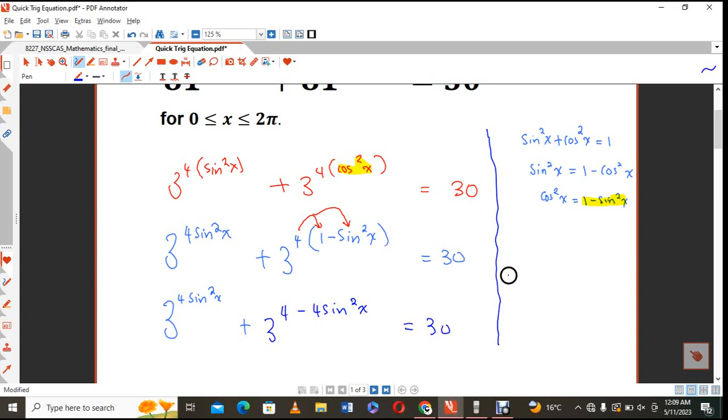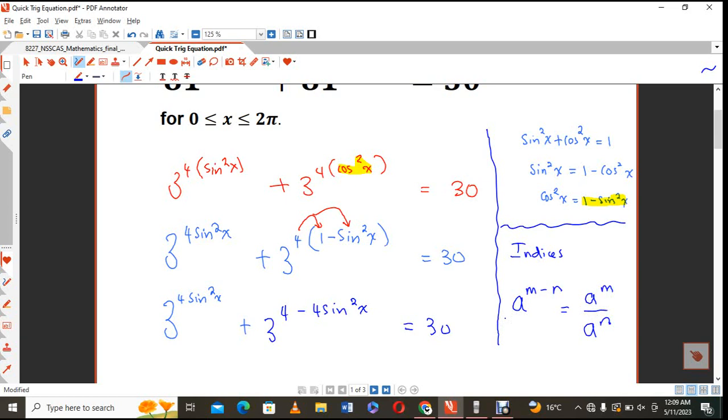Alright, another concept worth noting is when you work with indices or exponents and you have a raised to the m minus n, it actually can be written as a raised to the power of m divided by a raised to the power of n. Because if you have that, you're going to subtract the indices.